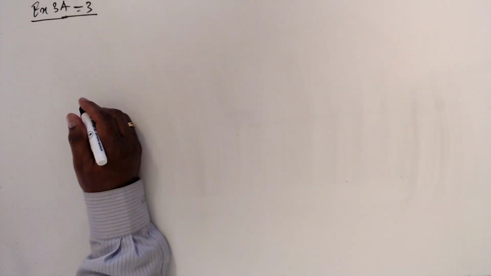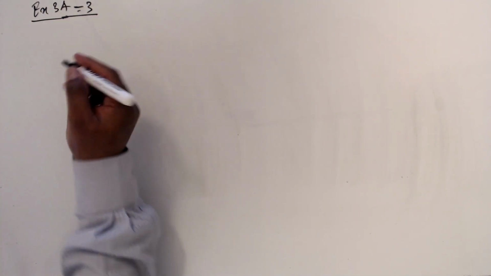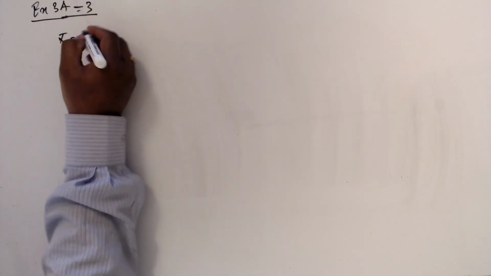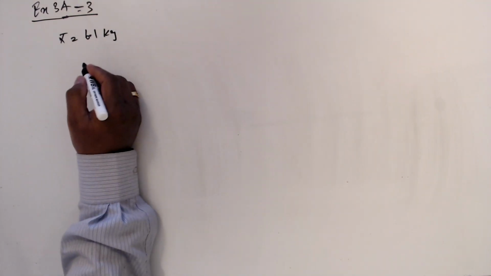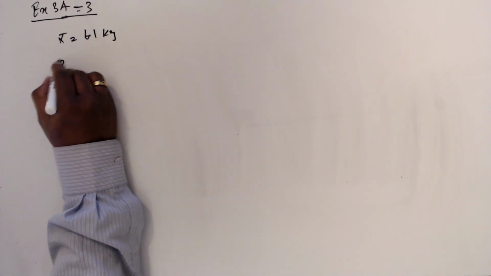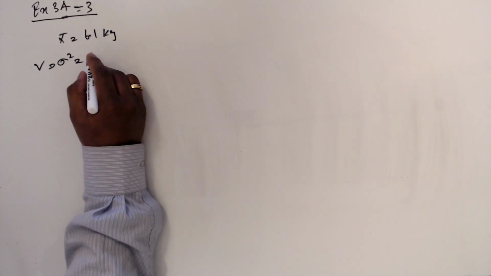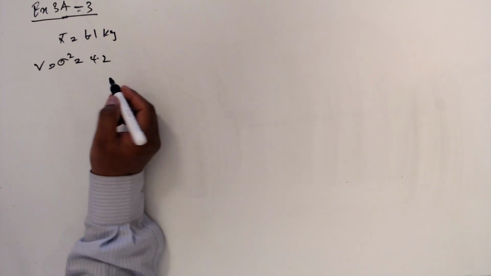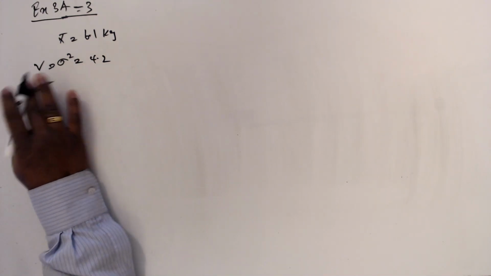Question number 3. So this is work with the standard deviation. So x bar is given 6.1 kg, and the variance sigma squared is given 4.2.